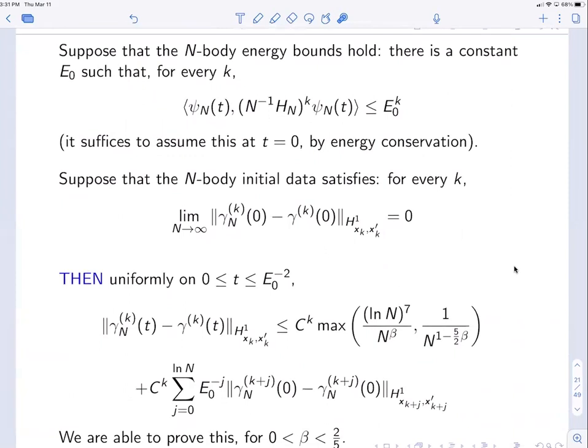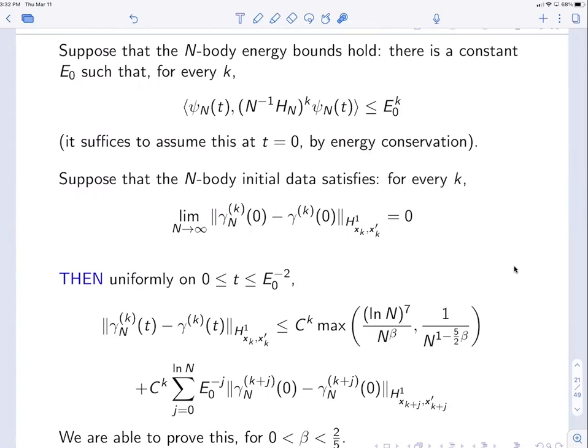Then suppose that n-body energy bounds hold. That is, the n-body wave function solving the n-body Schrodinger equation is assumed to satisfy bounds of this type. So you take the n-body Hamiltonian, normalize it by multiplying by n to the minus 1, apply the power k, and then pair that with psi n. And at least when k is equal to 1, you see how you get one type of energy.